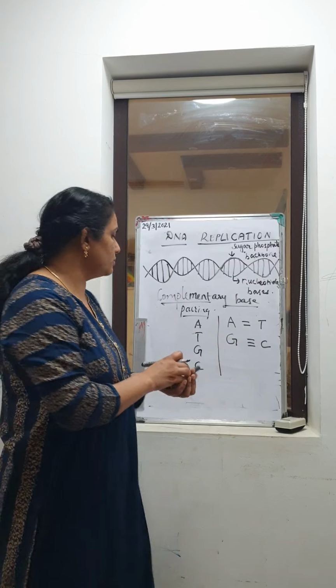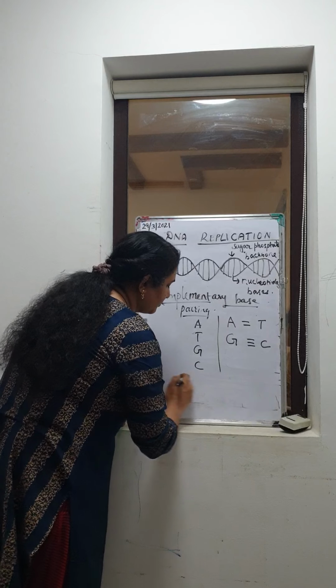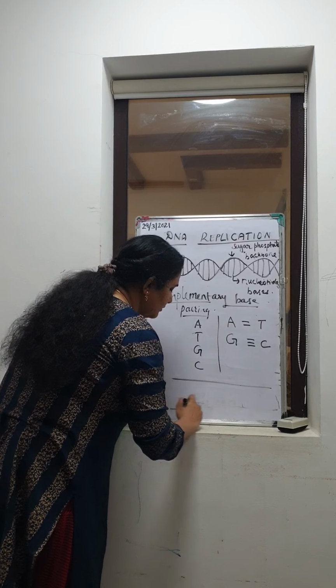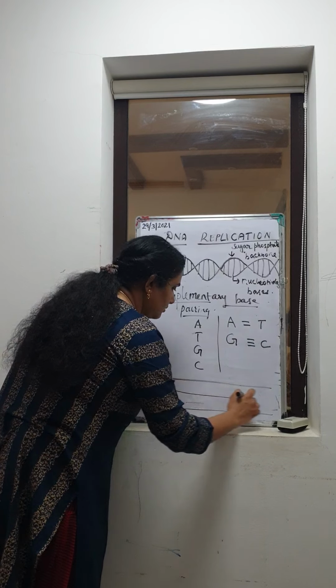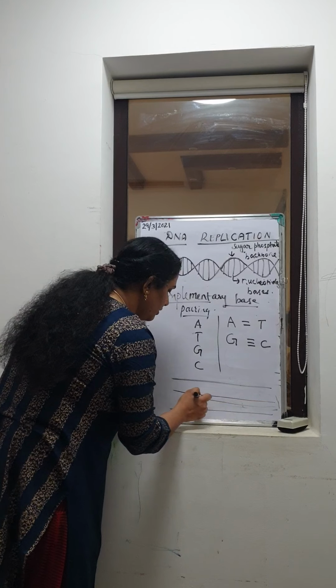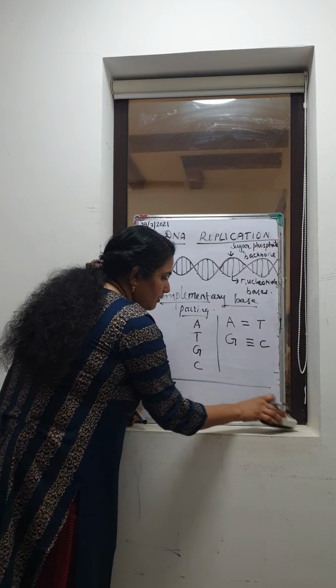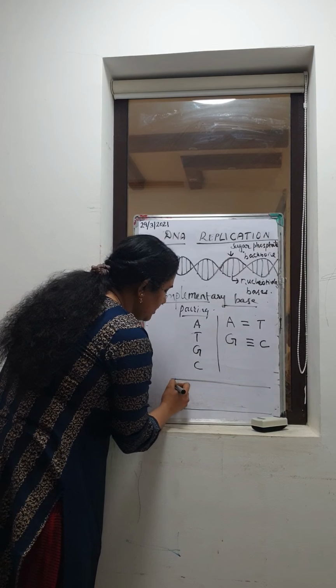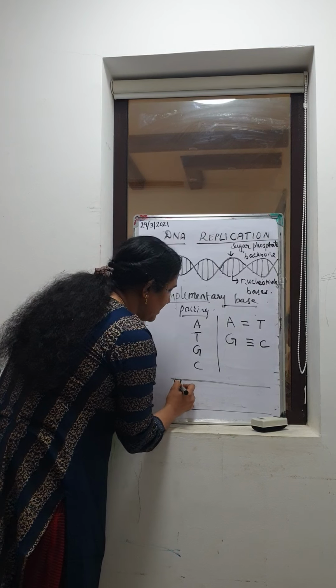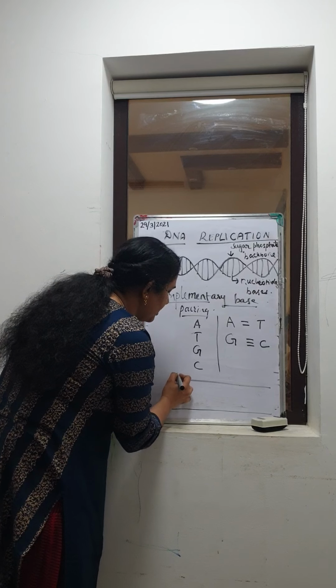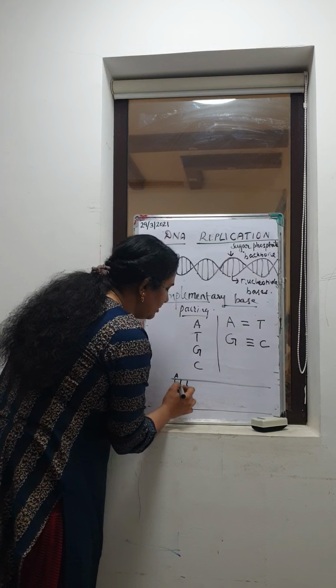So when a new strand is formed like this, these are the templates, and now some new strands are formed. See, the complementary base pairs are added. For example, if adenine is present here, thymine will be added here.